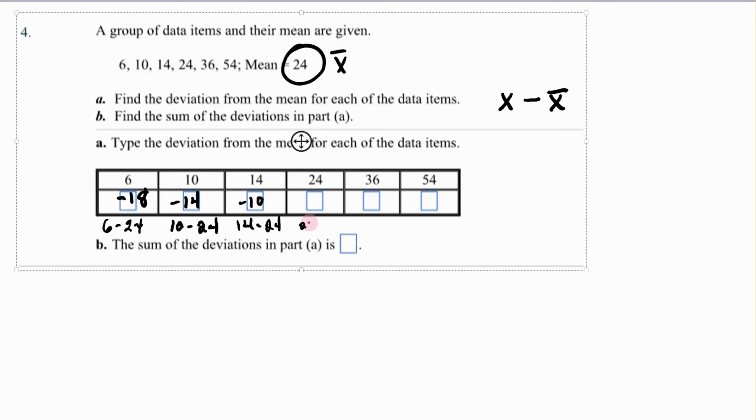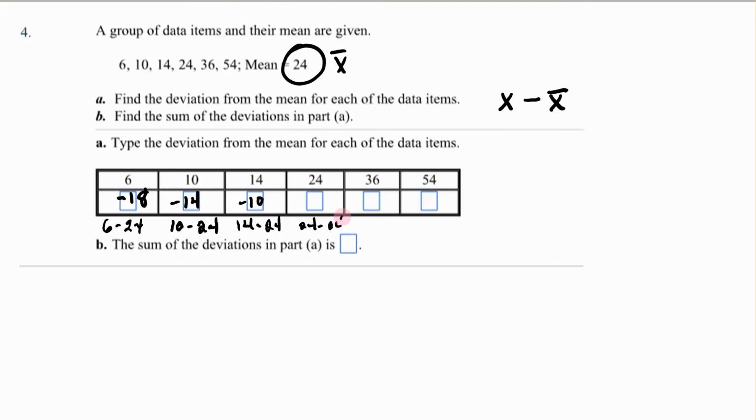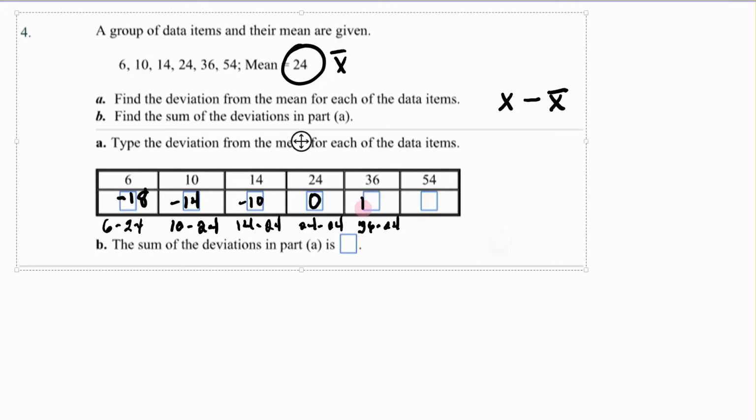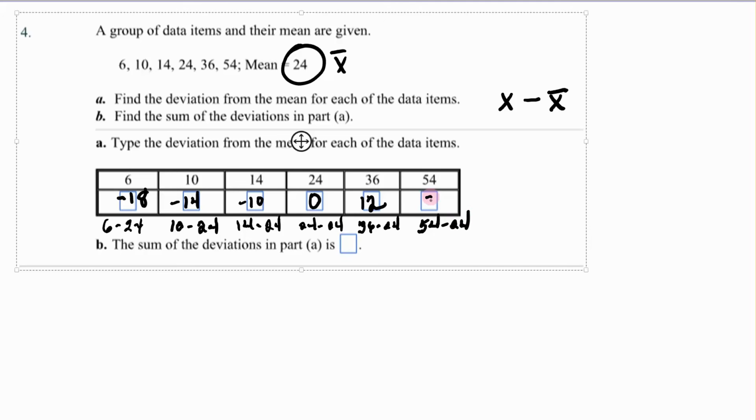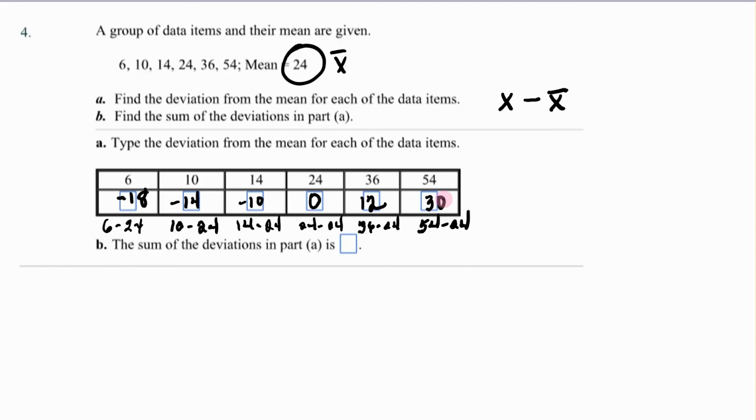We have 24 minus 24, 0. We have 36 minus 24, I know those are kind of hard to read, 12. And we have 54 minus 24, which is 30. So we have filled in the chart with the deviations from the mean.